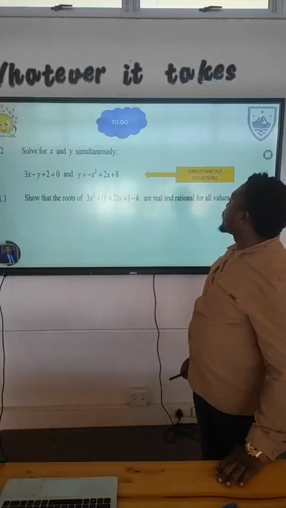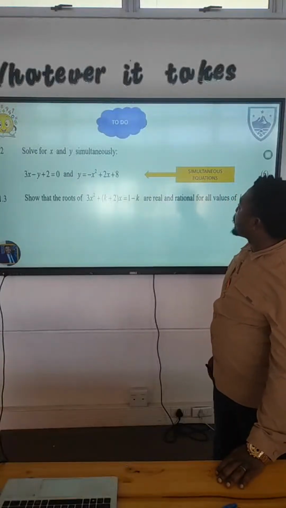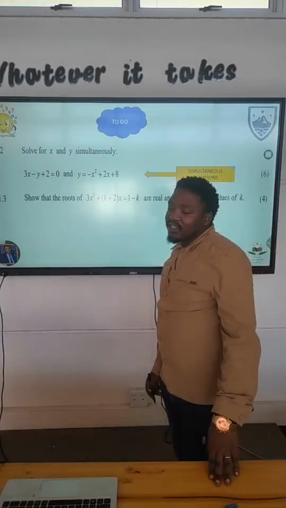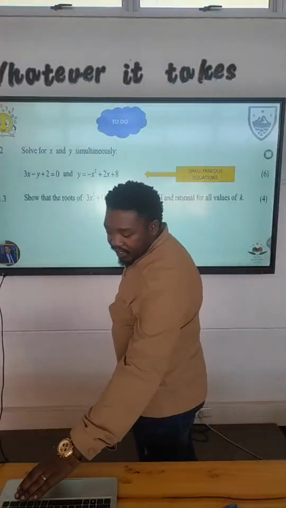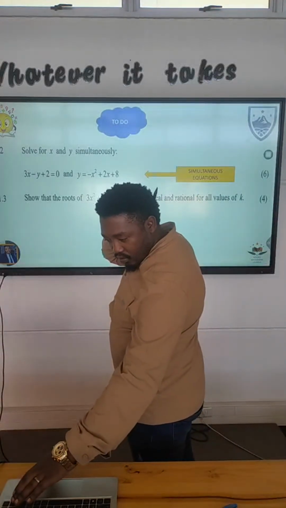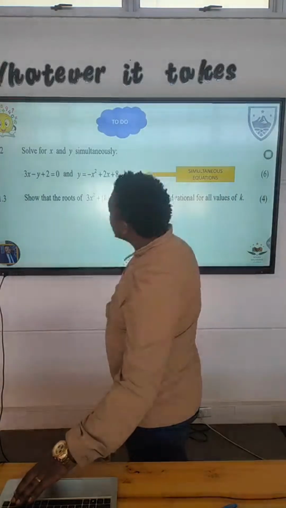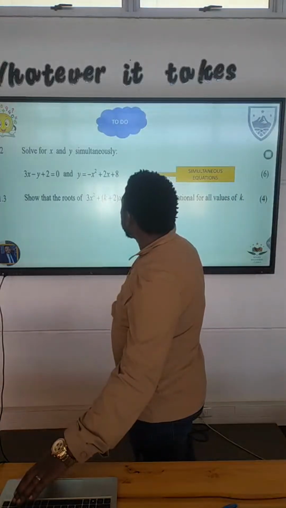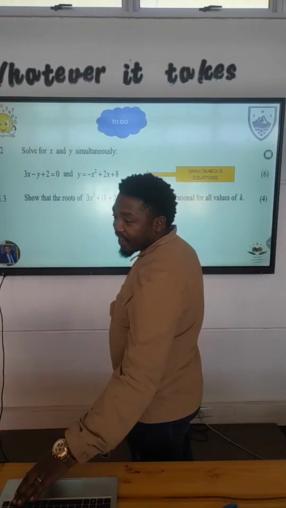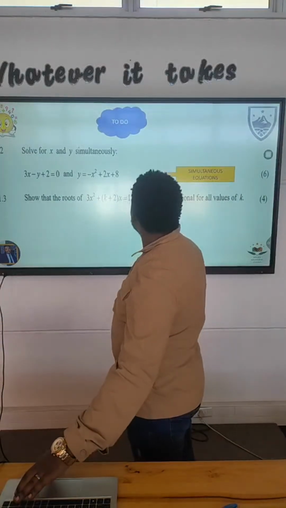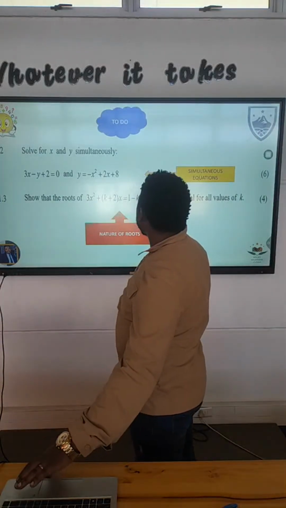So the number of variables that you need to solve depends on the number of equations that you need to actually solve them. This one only needs 2 variables, so that means you're going to use 2 equations. If you don't see the equation, you must find it, it is hidden somewhere. And then we'll talk a bit about the nature of roots.